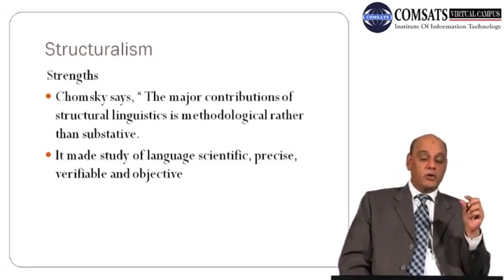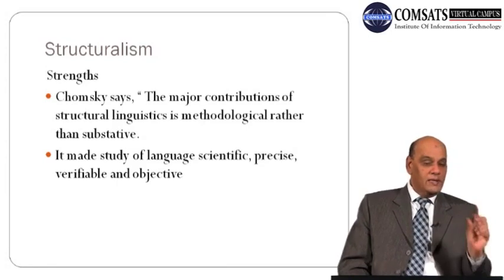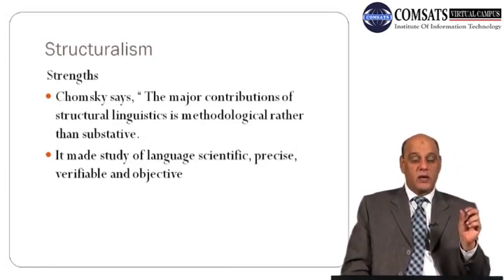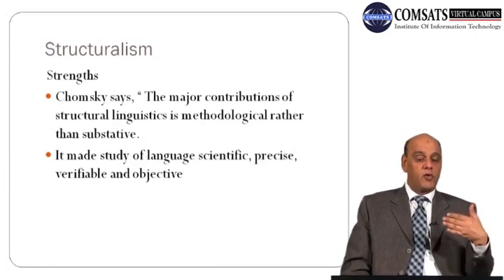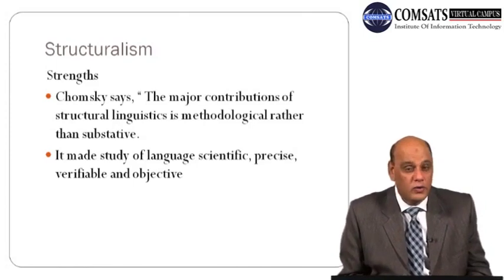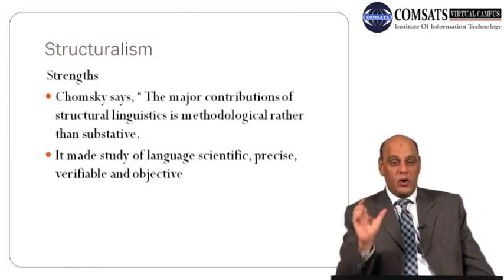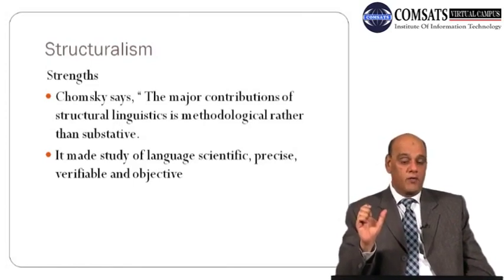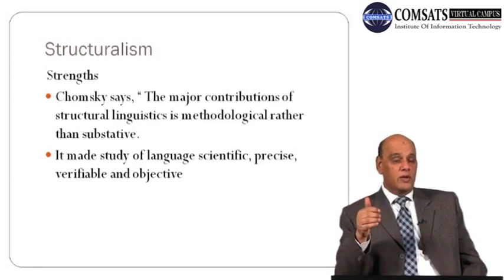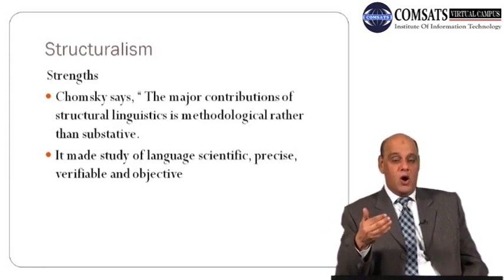Precise, because you can easily study language if you talk only about the structures. Verifiable and objective, these are the two areas where you get the data and verify it for correctness, and there you get the four qualities of language, and this is the criteria given by structuralism.